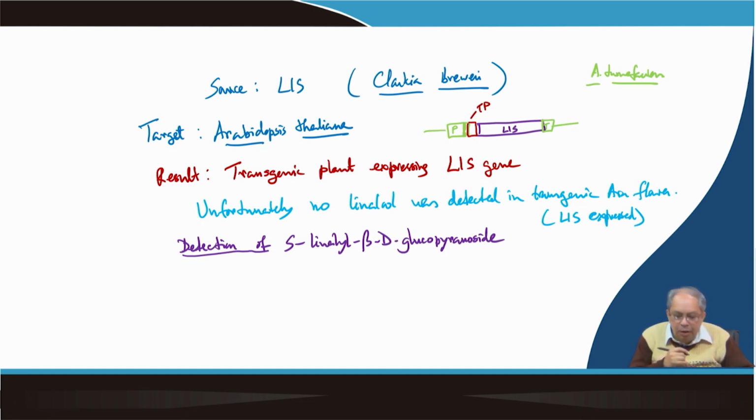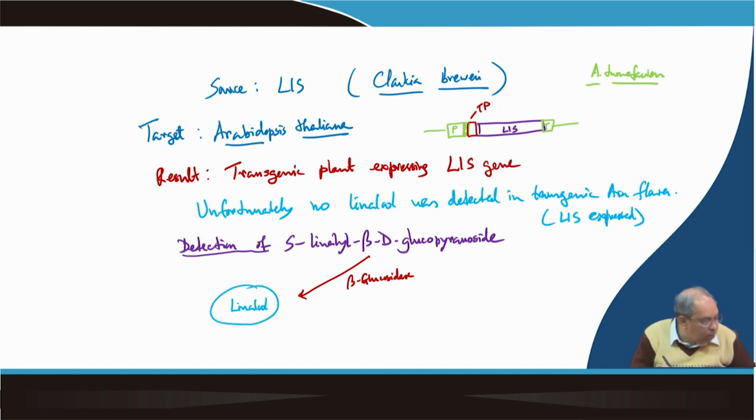Then, they tried to get the linalool out. Simply, they treated this with beta-glucosidase. What will beta-glucosidase do? It will cleave the glucose out. So now what you will see is linalool plus beta-D-glucose.